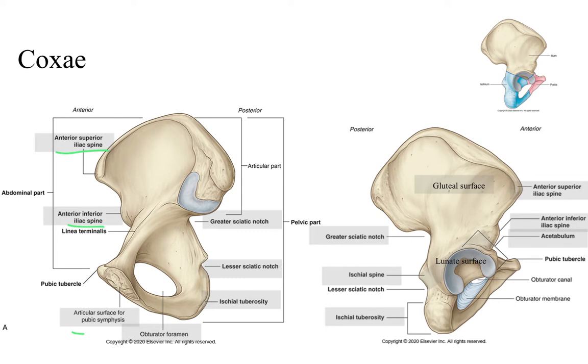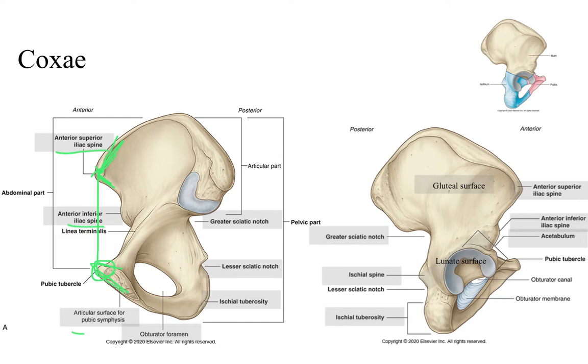But I do want to point out specifically that when you are looking at these bones, they are twisted, and so finding orientation for them can be a little bit difficult. So in order to know what you're looking at, the anterior part of the ilium is always going to come to a point right there at the anterior superior iliac spine, and in line with that is going to be the pubic tubercle, which also comes to a point.